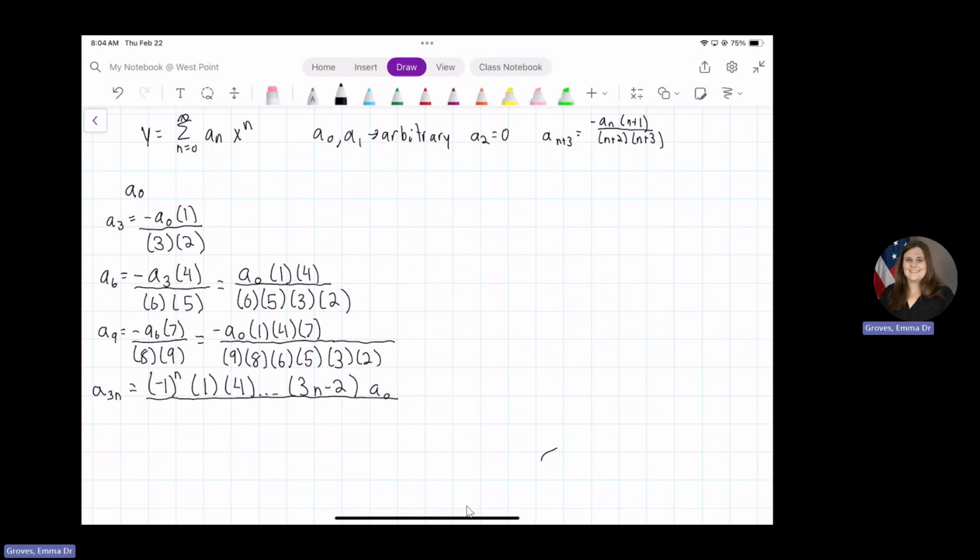And then can anybody find a pattern to what's happening in the denominator? This one's harder. That is true. It is n factorial divided by what we have in the numerator. You could try to write it like that. I'm just going to be a little bit lazy, and I'm going to say this is 2 times 3. Then we skip 5, 6.